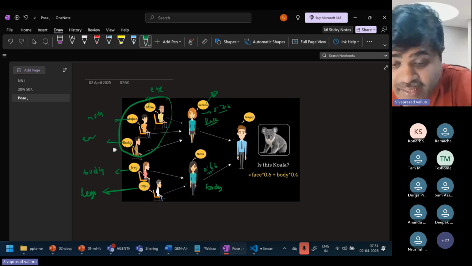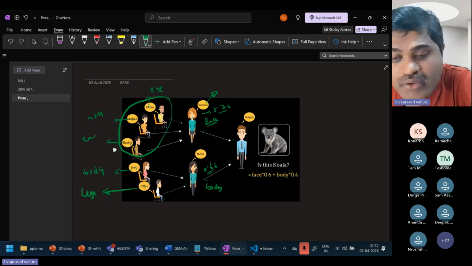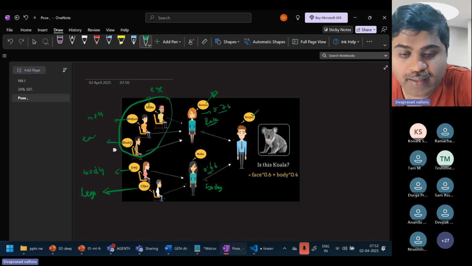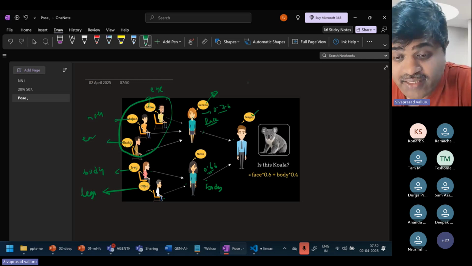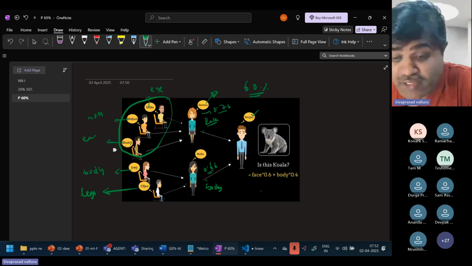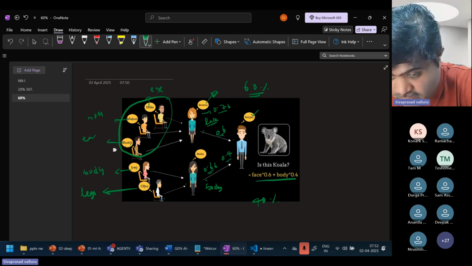Now Sergey is getting the values from Serena and Nidhi. According to Sergey's experience, Serena was right 60% of the time, for example, and Nidhi was right 40% of the time. So he will give 0.6 weightage to Serena and 0.4 weightage to Nidhi, and then do his calculation.